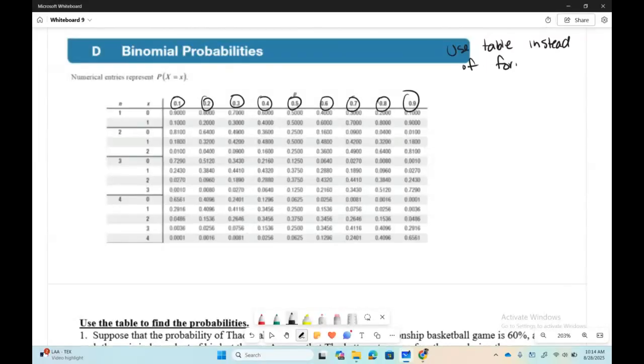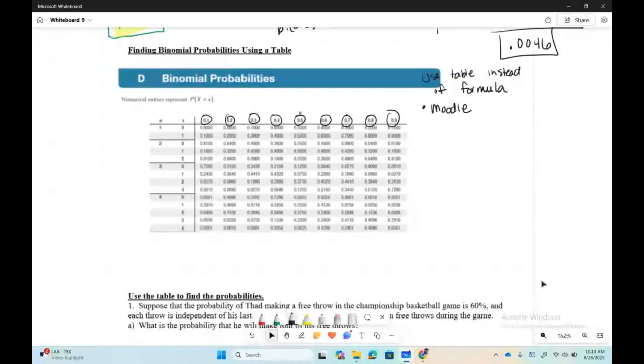The table can be found in Moodle. You can also Google a table if you would prefer a different one, but the one in Moodle is the one I use, and it seems to be pretty good. We're going to use this table to answer the rest of the questions about the binomial probability.